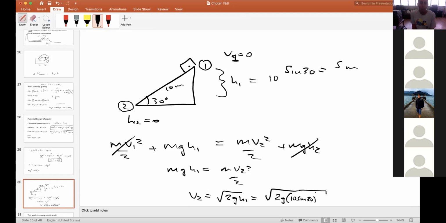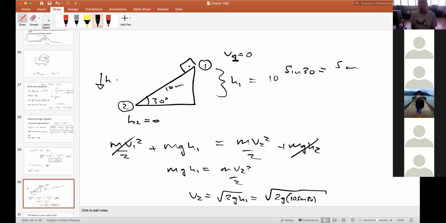We found that without having to do a free body diagram at all, without having to break up the weight and find the normal force. That's kind of amazing: all we had to figure out was the change in height, because we needed it for the work done by gravity.